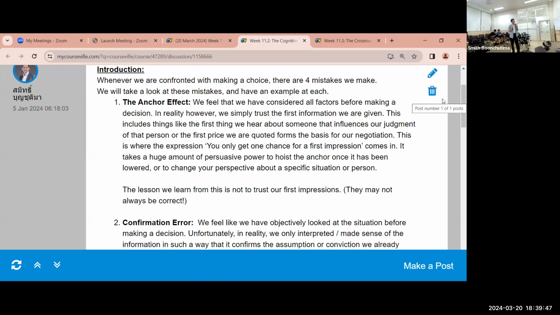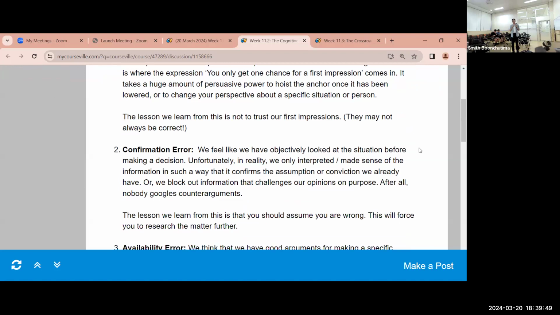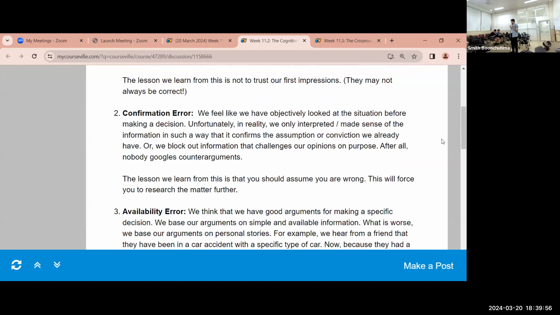So the lesson we learned from this anchor effect is to be careful. Don't let the first impression fool you. If the shopkeeper says the price is 20,000 baht, you must not be affected by the anchor that he dropped.